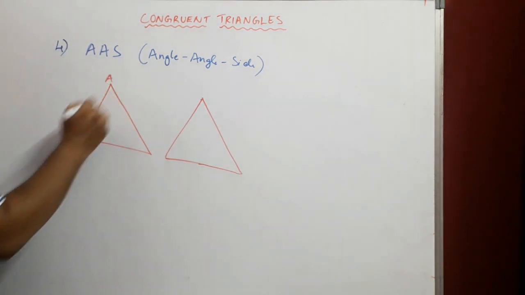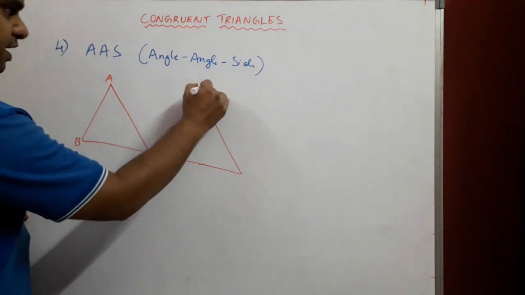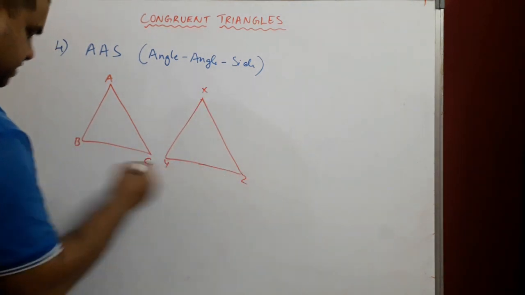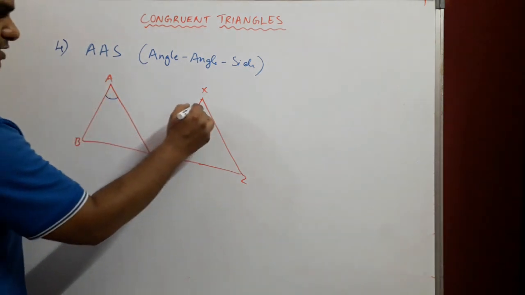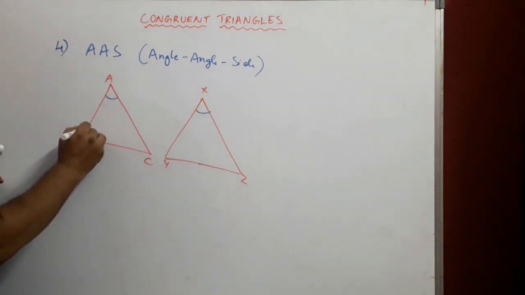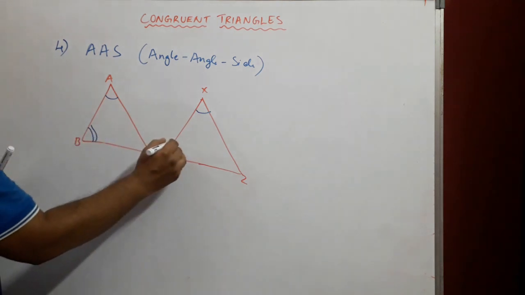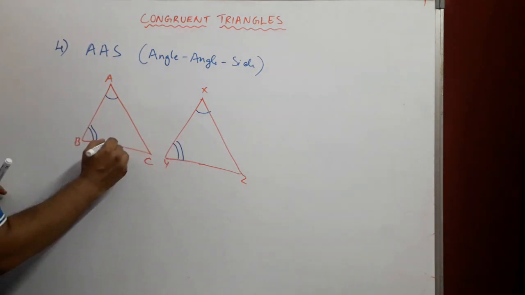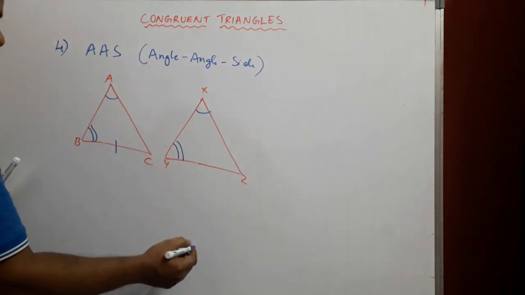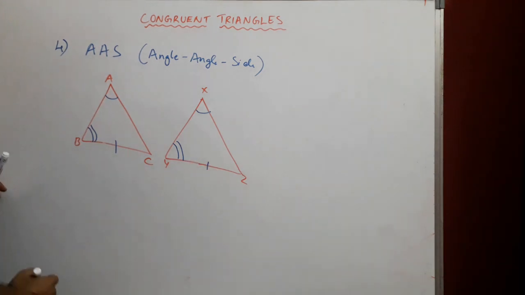For example, we have ABC and XYZ, and if angle A is equal to angle X, then angle B should be equal to angle Y, and BC should be equal to YZ.